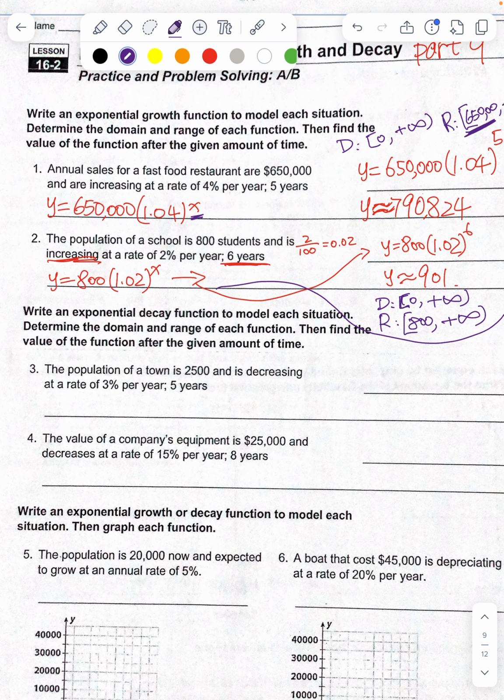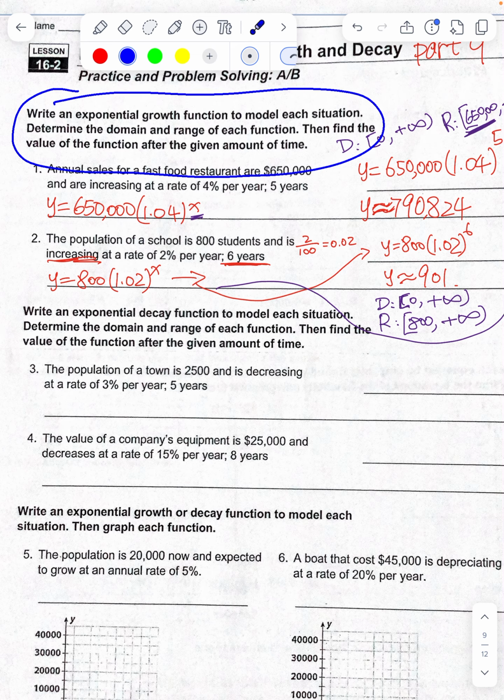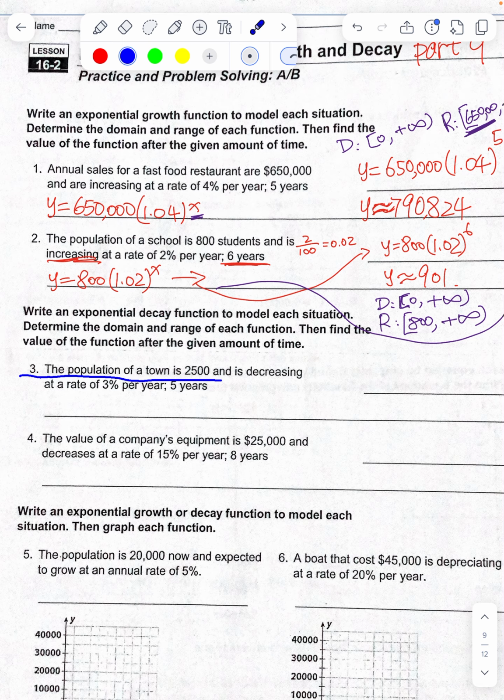Okay, number 3, write an exponential decay function. Exactly the same thing as number 1 and 2, but one is a growing function, grows, and this is decay. Decay means go down, right? Okay, number 3, the population of a town is 2,500 and decreasing at a rate of 3% per year.